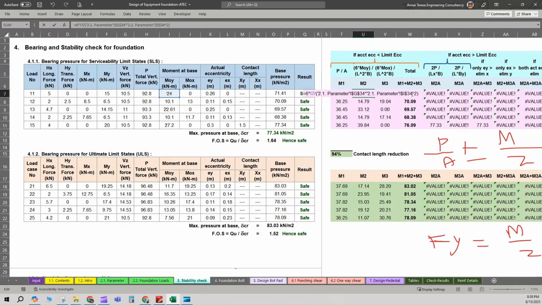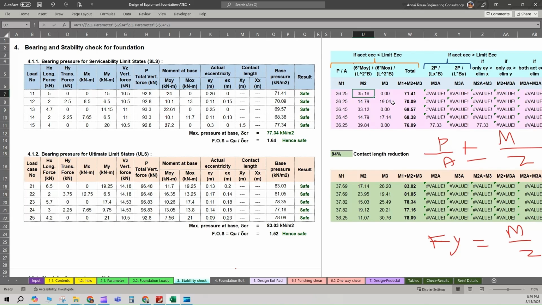This L square means the length we have considered as the width side, and applying that width here. By this way we can identify the bearing pressure due to the moment MOY.